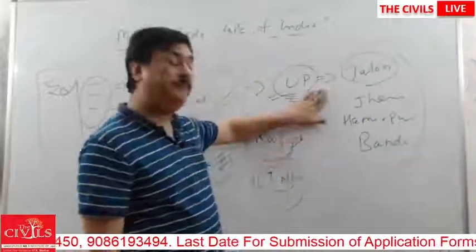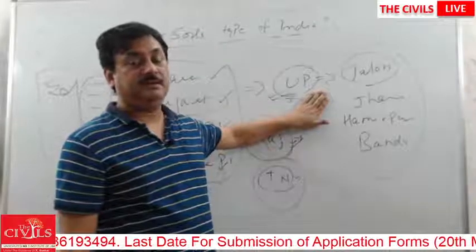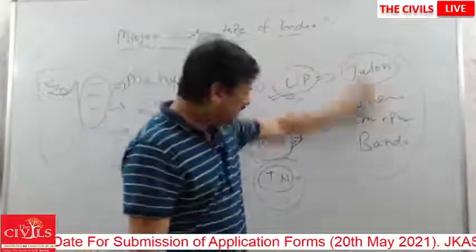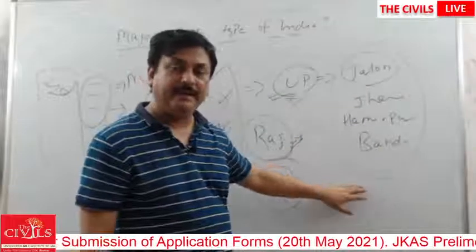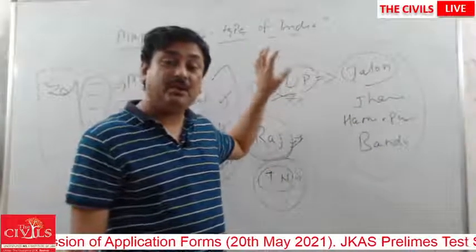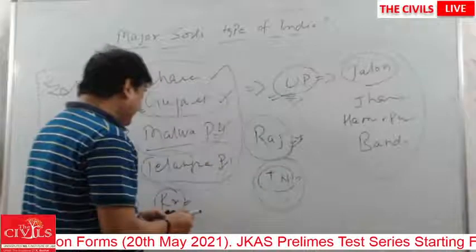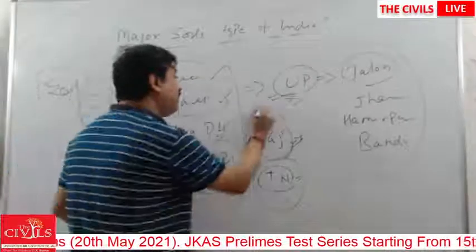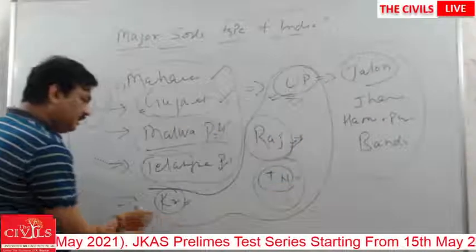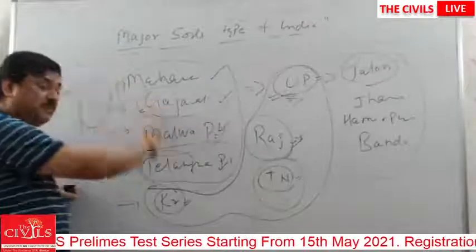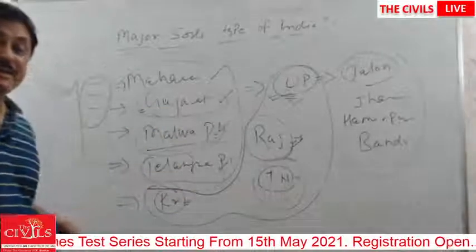But in UP, this soil is also found, but in small quantity. There is no need to remember all these names, but it is also found in UP, Tamil Nadu, Rajasthan and Karnataka. This is very important. This soil is not confined only to these four areas, but is also found in small quantity elsewhere.